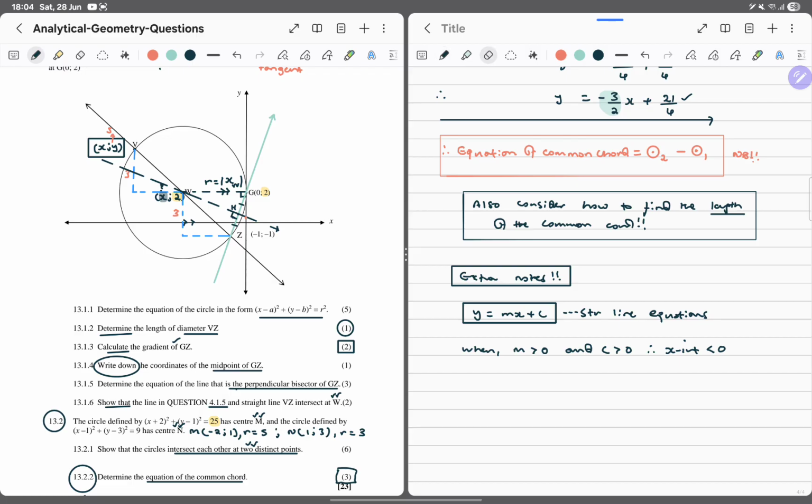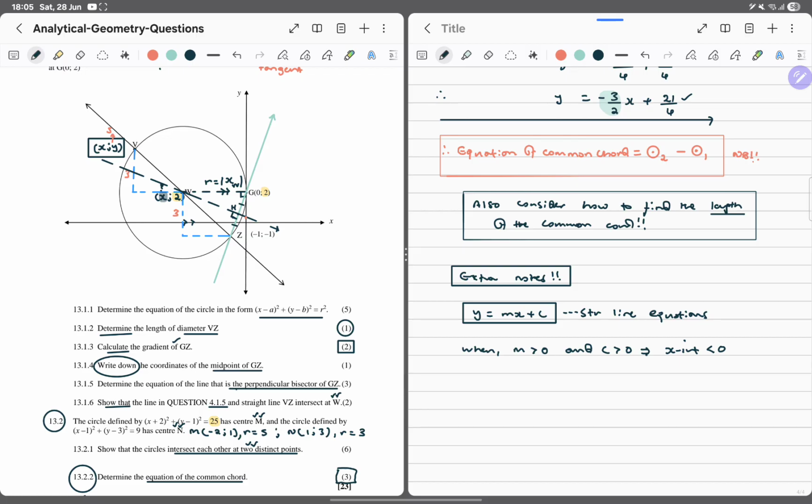In fact, let me just say it implies rather than make it a conclusion. So please note this: on any straight line equation, when the gradient is positive as well as the y-intercept, it means the x-intercept will be negative.